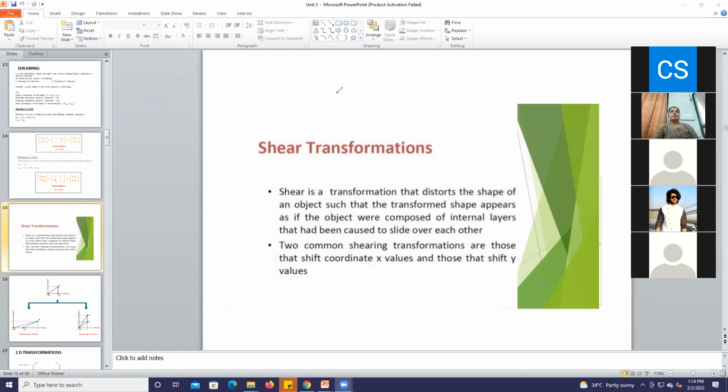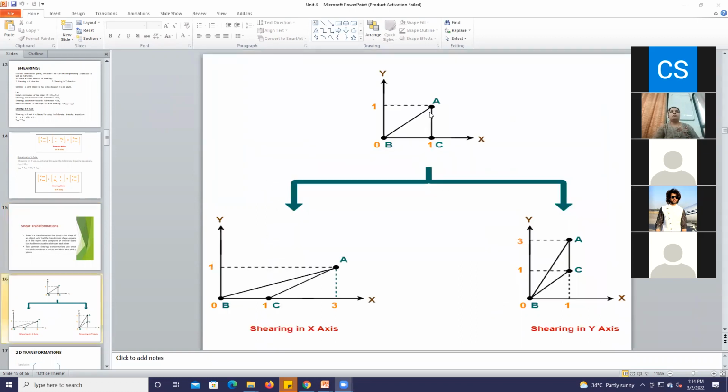So here is the example. So we can see ABC. Right? This is the original triangle A, B, and C. So can you tell me the coordinates of ABC? What are the coordinates of A?